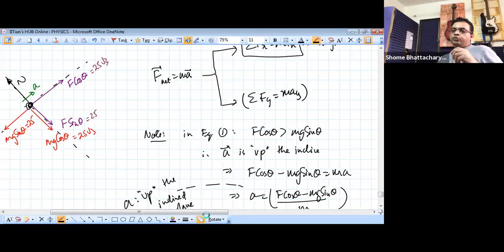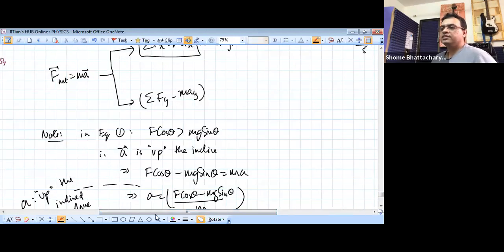There are two forces along the negative y-axis and one force along the positive y-axis. So normal reaction is balancing the sum of these two. So that's another interesting thing now. What's happening? I'll write the equation and come back to the diagram. We have n minus mg cos theta minus f sin theta, and this should be 0 because the y component of acceleration is 0.